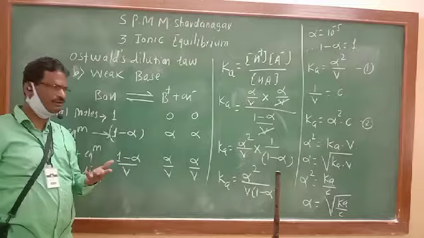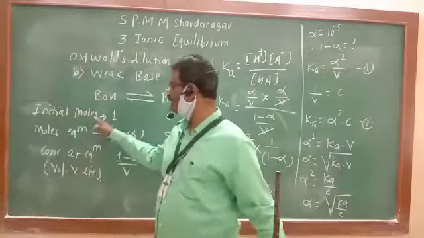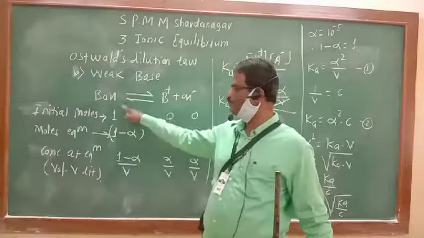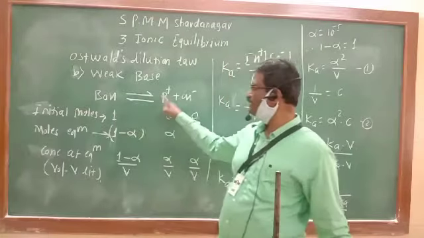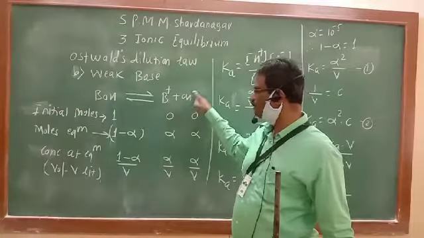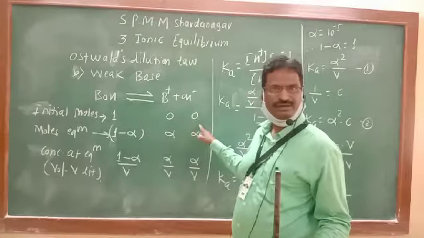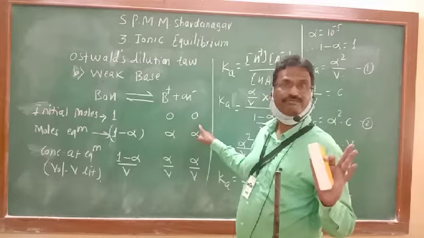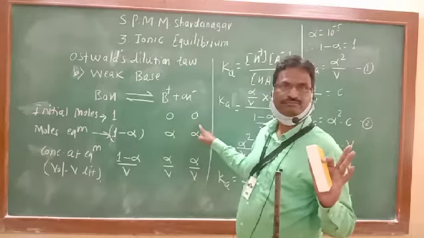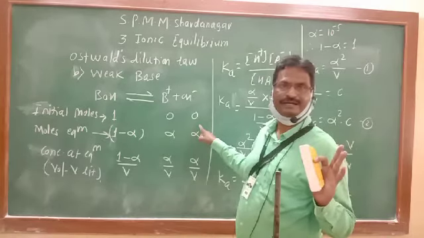So let us consider 1 mole of the weak base BOH initially taken. At that time, the initial moles of B plus is 0, OH minus is also 0. The same equation we have to use, same as that of the weak acid.